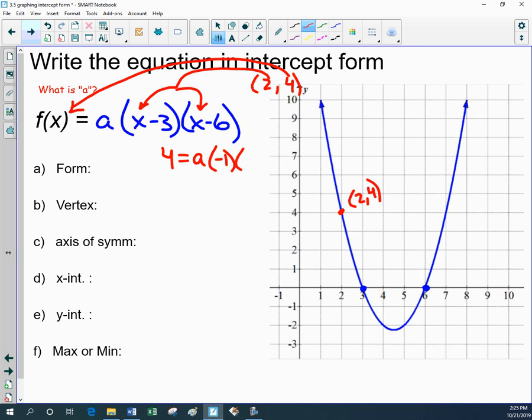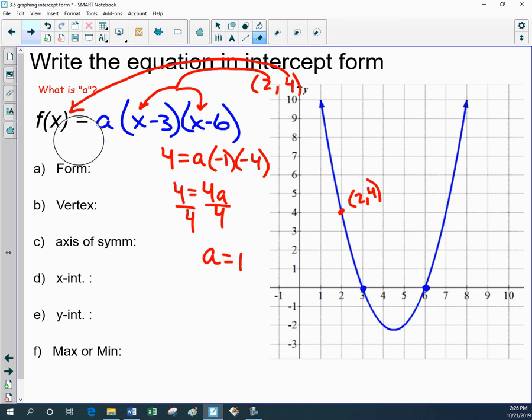Plug 2 in for x in the second set of parentheses, 2 minus 6 would be negative 4. So negative 1 times negative 4 would be positive 4. So I get 4 equals 4a, divide by 4, and a equals 1.